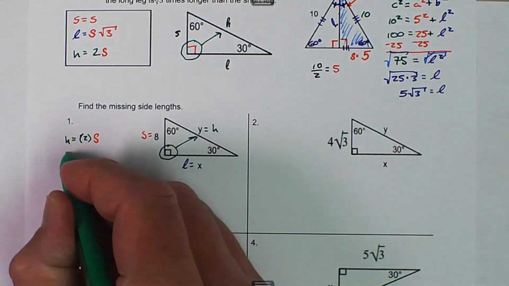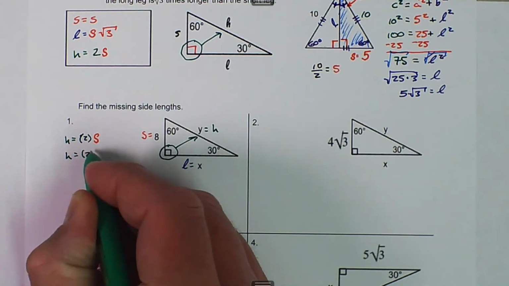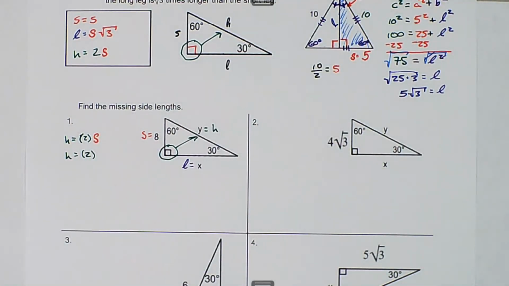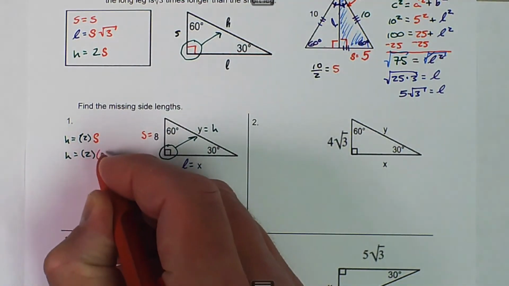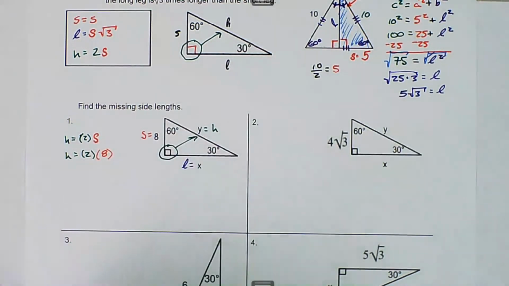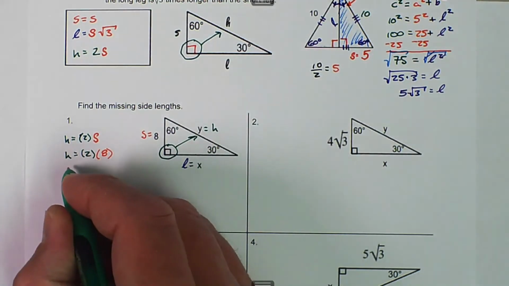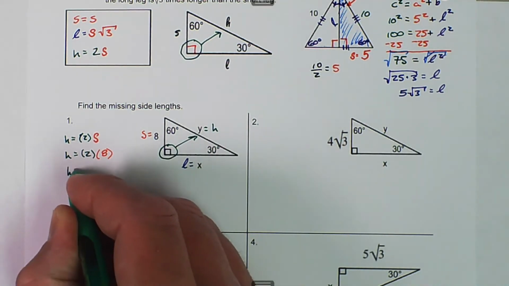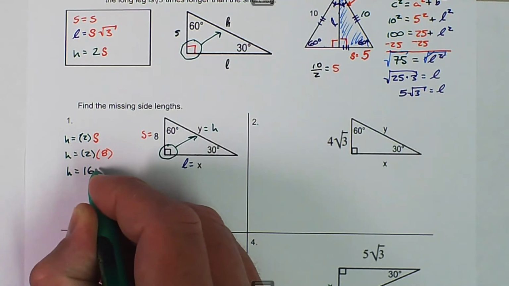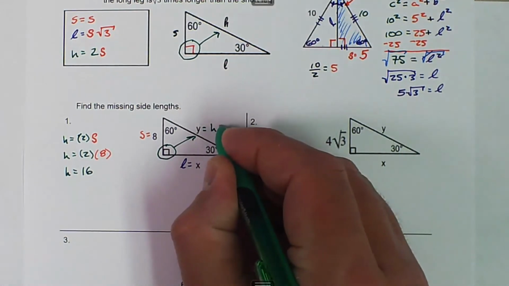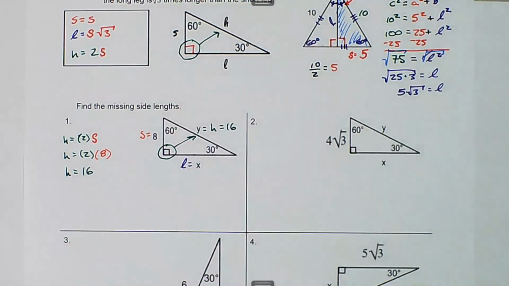So the hypotenuse is equal to 2 times 8. So the hypotenuse is equal to 16. And so that means that goes right here. So our y value is also equal to 16.